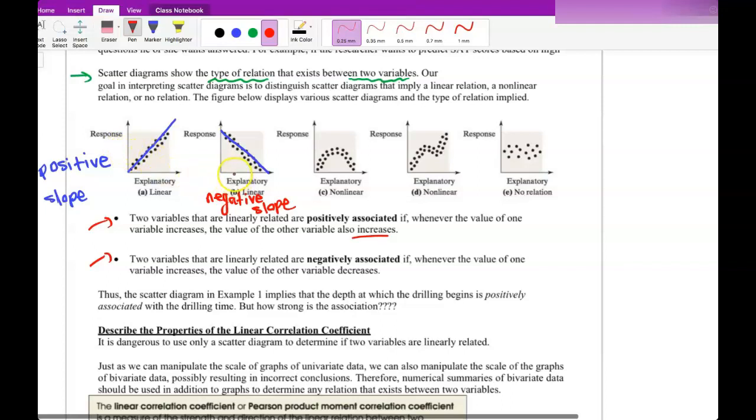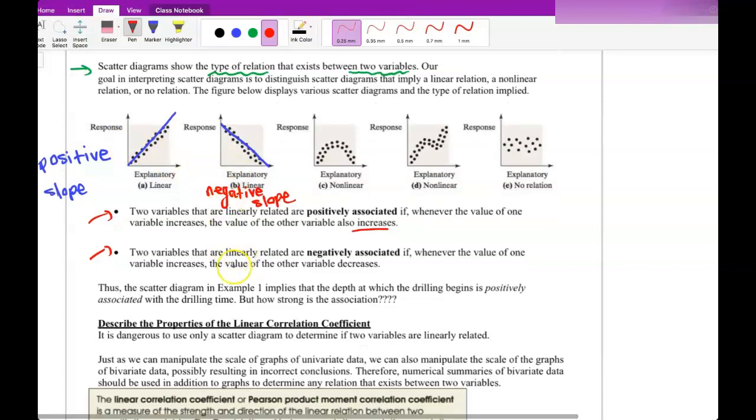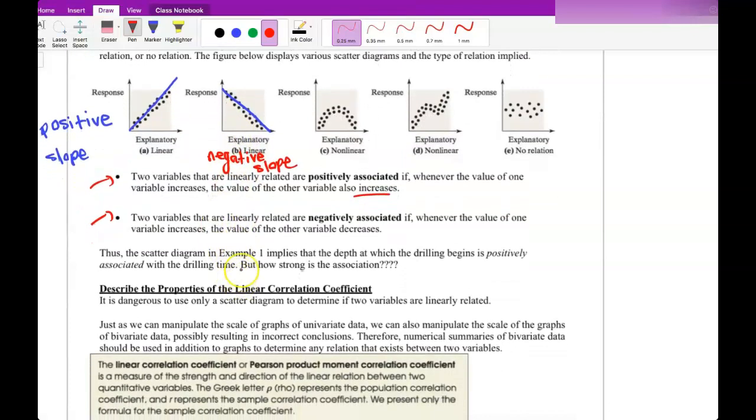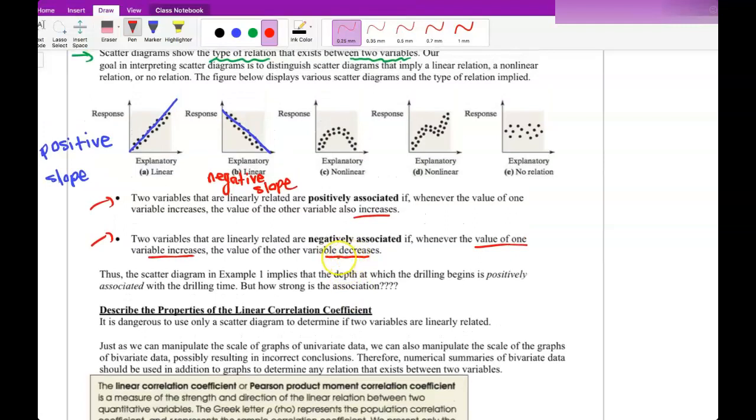But in this case, we have a different case. Two variables that are linearly related are negatively associated if whenever the value of one increases, the value of the other one decreases. That's why we have a negative slope. So here is a positive slope, but this one is negative.